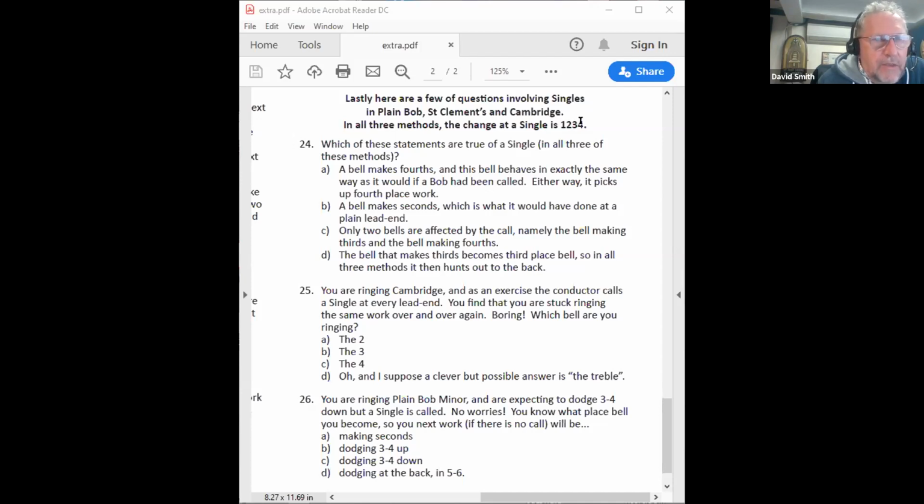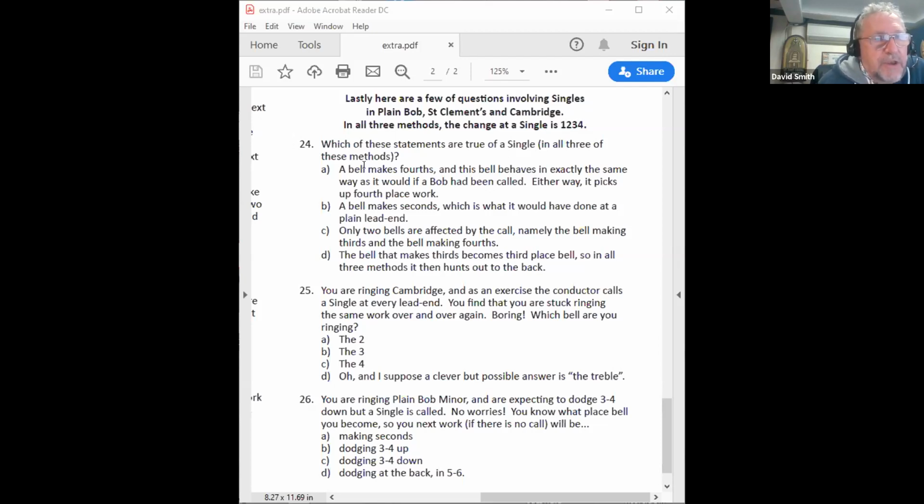That leaves 5 and 6, or the bell in 5th and 6th position. They're not mentioned here. They don't stay put. They swap with each other. So what happens at a single is the bell in first, which is the treble, second's position, whoever it happens to be, third's position, fourth's position, they all stay where they are at the 2 blows of the lead end. So that's what happens at a single.